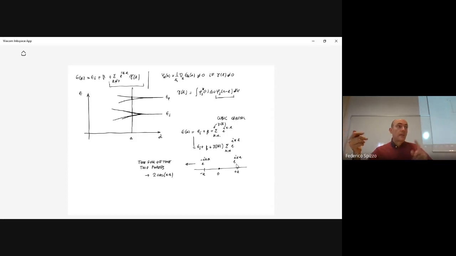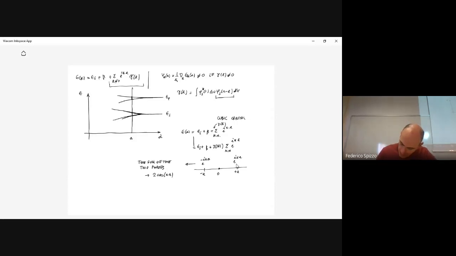And this is the same for all the other neighbors. So you have two neighbors in the x direction, two neighbors in the y direction, and two neighbors in the z direction. So you have a total of 3 contributions like this one here, and each of those gives you 2 times the cosine of kA.